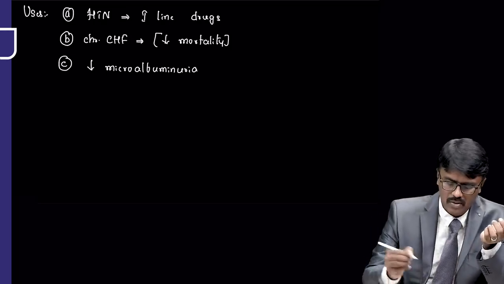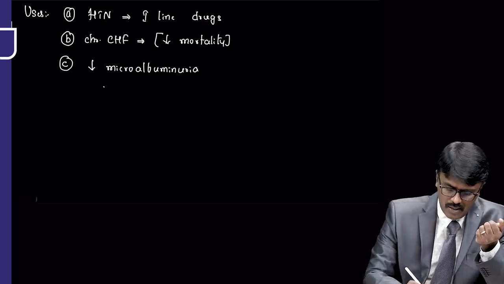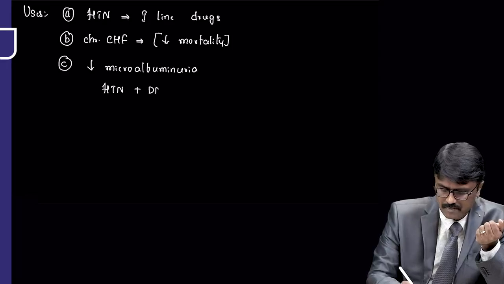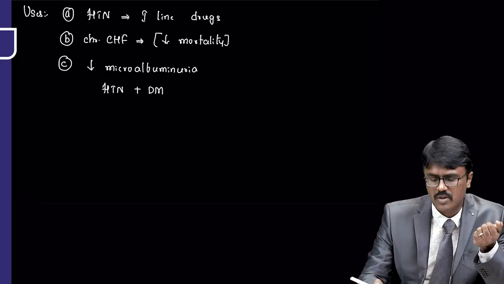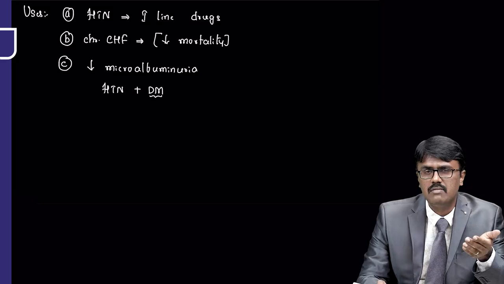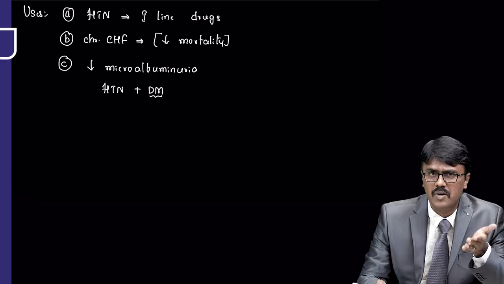What is the advantage? We can use it in a patient with hypertension plus diabetes. Most diabetics, you know, have nephropathy as a complication. That means the renal damage starts, and the damage is indicated by microalbuminuria.